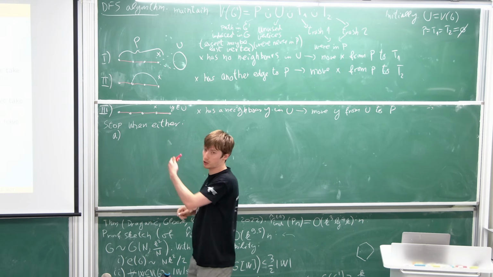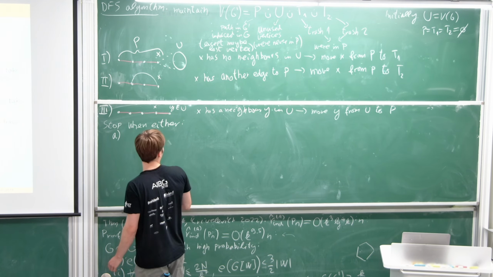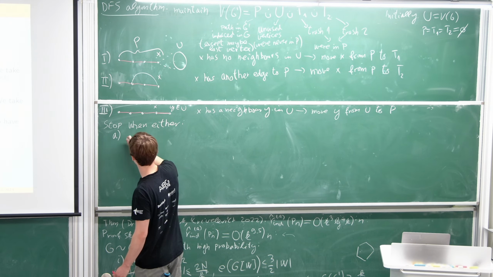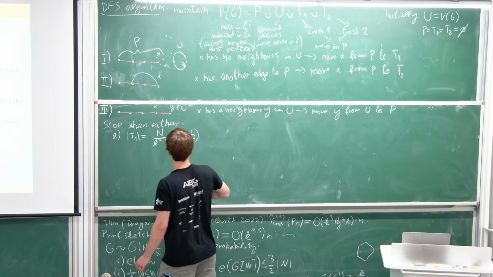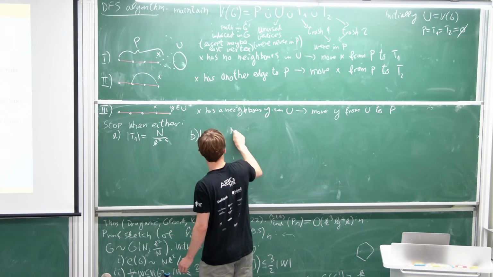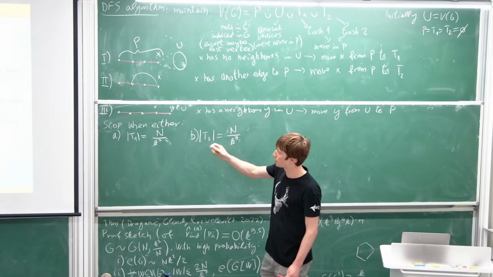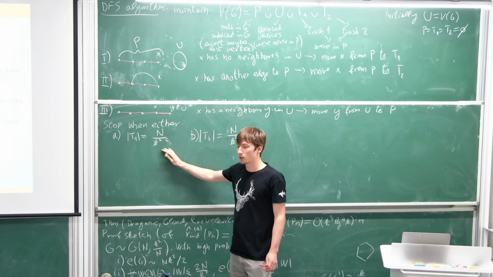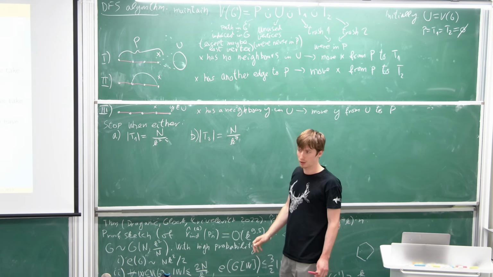A, the first trash grew large, or B, the second trash grew large. Okay? And here, you need to be careful about the numbers. So A, when the first trash has this size, or B, the second trash has this size. Okay, so we stop when either the first trash grows to n over k to the 7.5, or the second trash grows to size n over k to the 7.